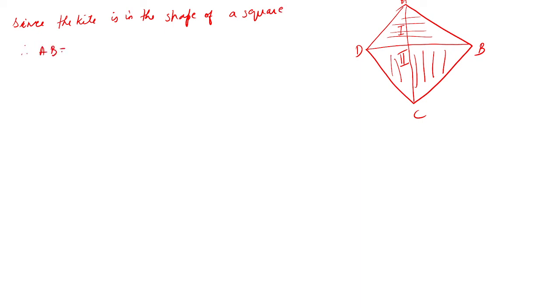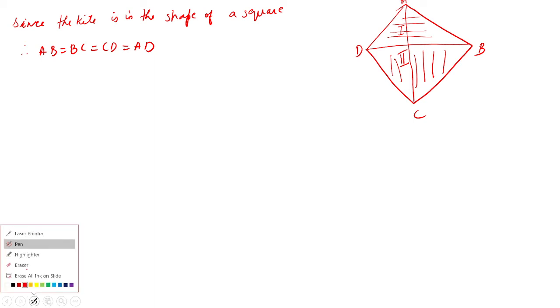AB is equal to BC is equal to CD is equal to AD. Why? Because they're saying that the kite is in the shape of a square. So what is the property of a square? All the sides are equal. AB is equal to BC is equal to CD is equal to AD or DA. You can write anything you want, AD or DA does not really make a difference. Clear with this? All right.